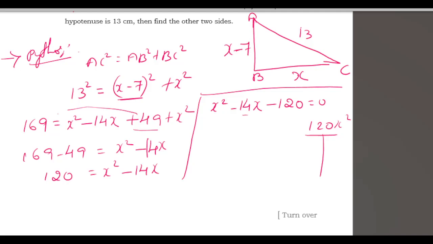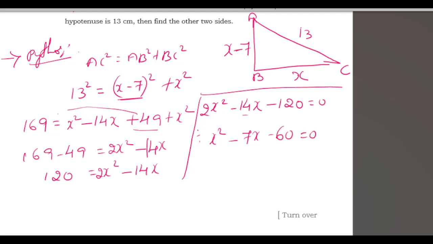So here we missed it: x into x becomes 2x, here also 2x, here also 2x. The whole equation can be divided by 2. So if you divide the equation by 2, it becomes x square minus 7x minus 60 is equal to 0.